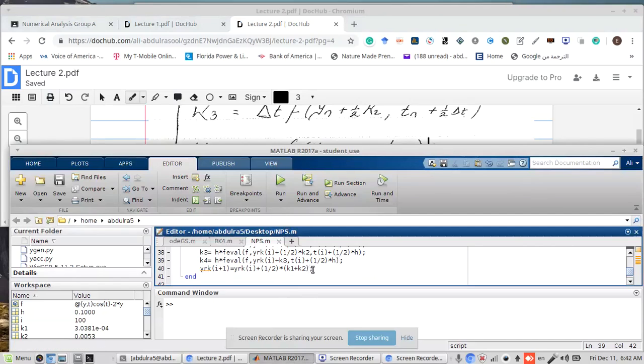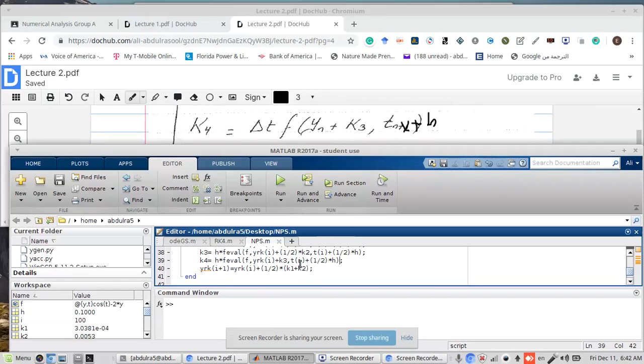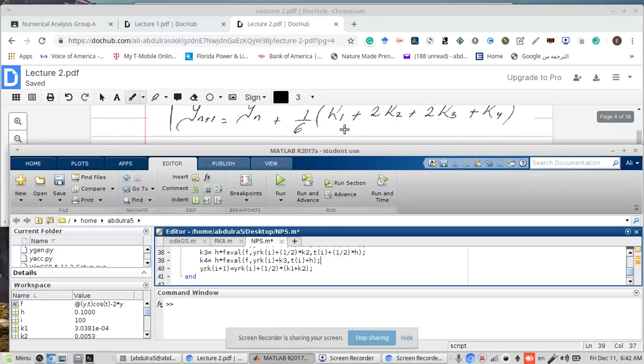Anyway, so K4, it's Tn plus h, not half h. And the general form of y will be 6 here, K1, 2 times K2 plus 2 times K3 plus K4.